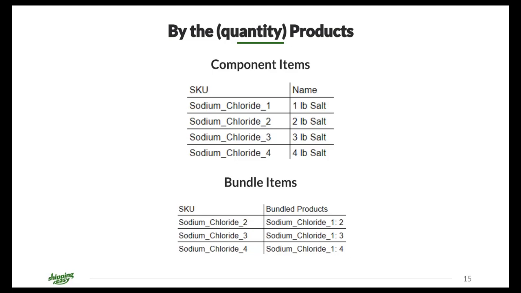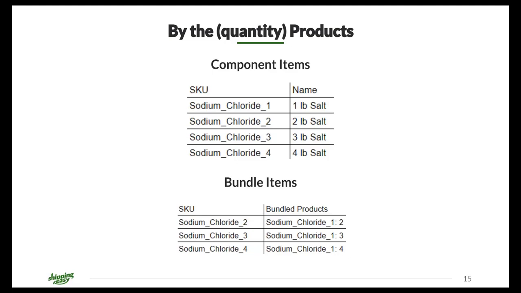So if we look down towards the bottom, we'll see that the 2 pound bundle has 2 of the 1 pound salt bags. And then the 3 pound bundle has 3 of the 1 pound salt items, and then the 4 pound bundle has 4 of the 1 pound salt items. This makes it a lot easier to set up purchase orders if you just have that one individual item that you're placing the order for.